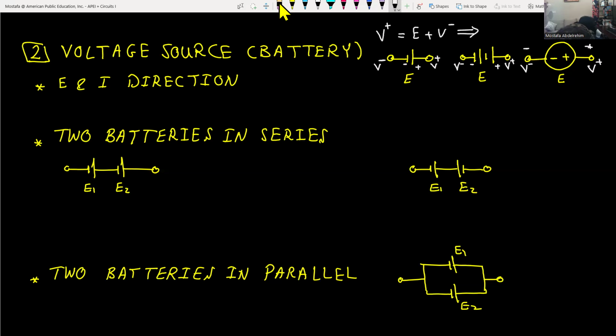Or basically, you can say that E equals V positive minus V negative. It gives you voltage difference. It makes V positive higher than V negative by E, the amount of voltage given by the voltage source. Okay?